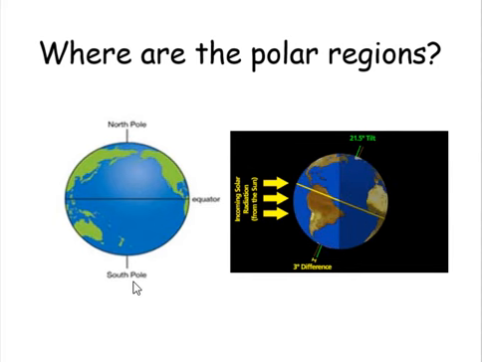South Pole is the point at the southern end of the Earth. As you can see in the picture here, this is the North Pole and this is the South Pole.